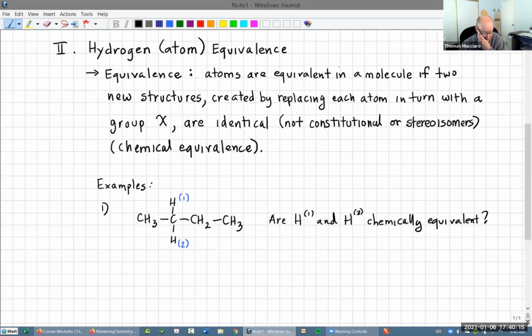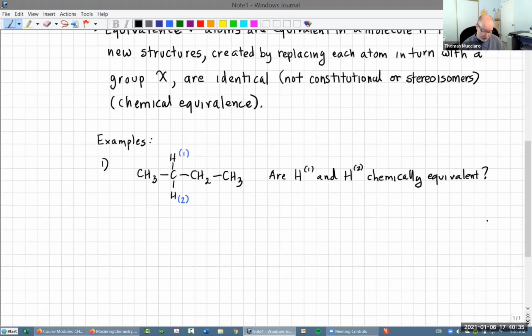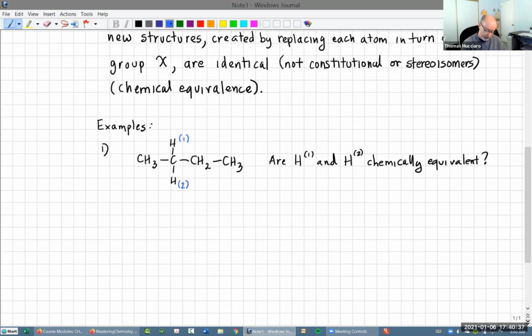Okay, so this is the kind of really simple question in this area, but then, just like when we did, are these two things identical, but then we use that as part of other problem solving, we're going to have more complex ones, okay? So, are these chemically equivalent? So, what we're going to do is we're going to do what's called the substitution test.